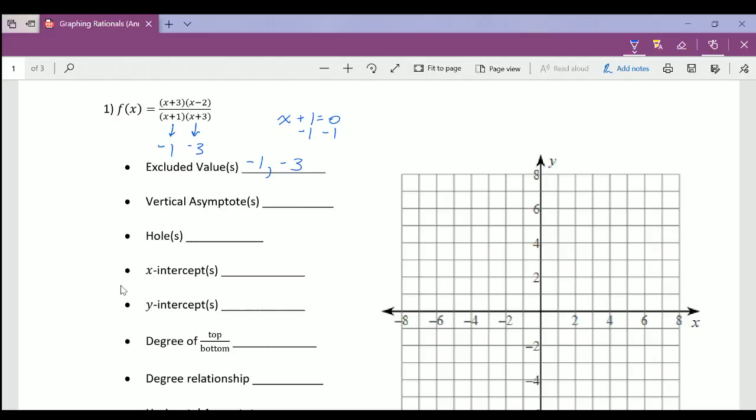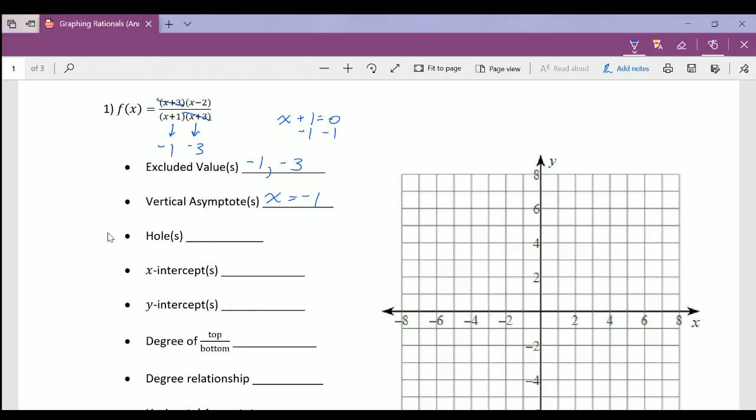Now we can go ahead and do some canceling. There's an x + 3 up here and an x + 3 down here. The one that does not cancel is your vertical asymptote. So the -1 is the one that did not cancel. So x = -1 is the vertical asymptote.